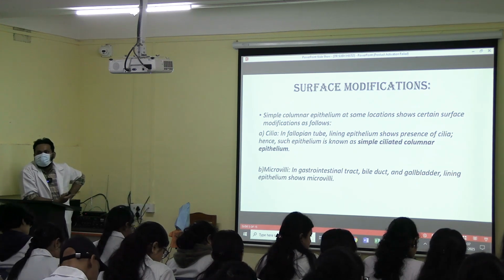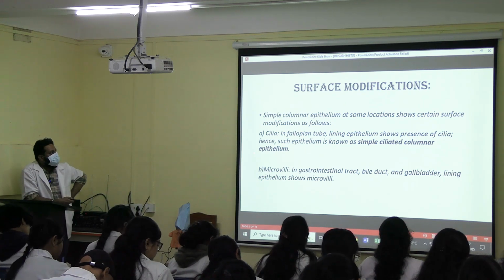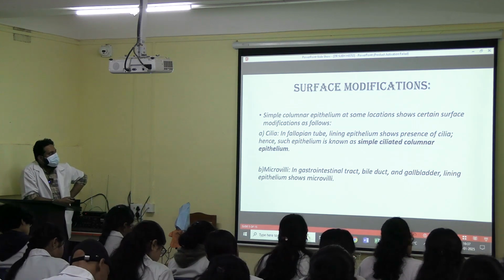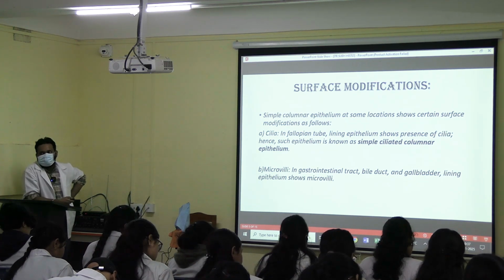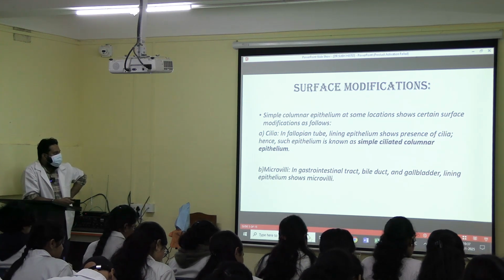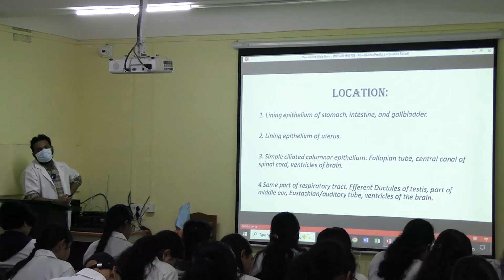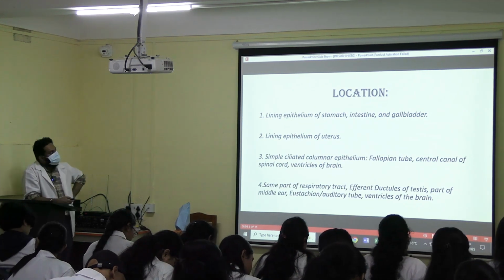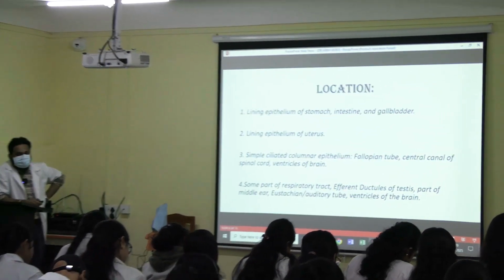Cilia are present in the fallopian tube. And microvilli are in the GI tract, bile duct and gallbladder lining epithelium. Location: lining epithelium of stomach, intestine and gallbladder.